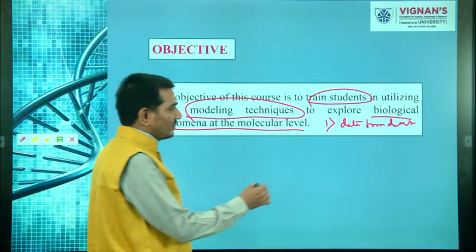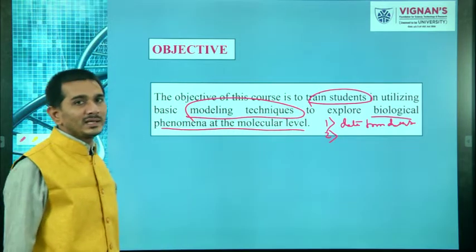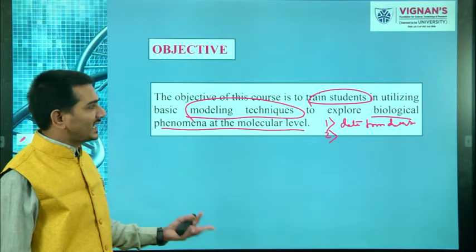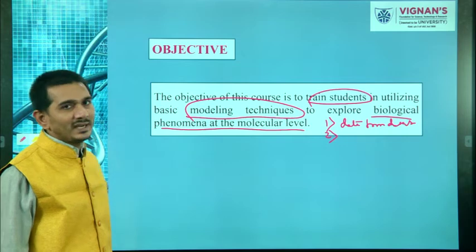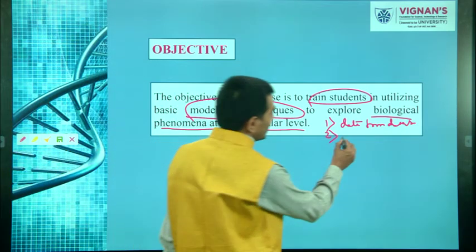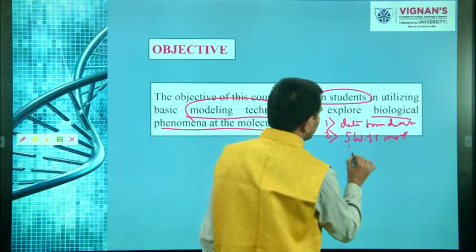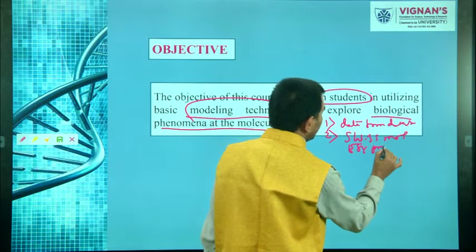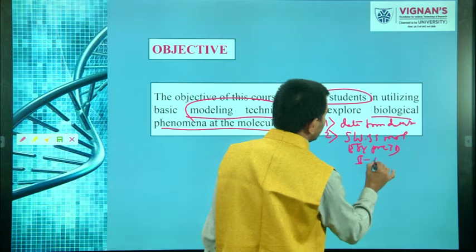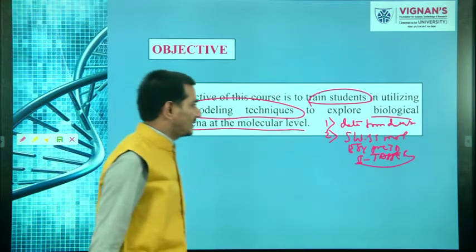Once data is retrieved, they are trained to apply it in molecular modeling tools or software, for example Swiss Modeler, EasyPrep 3D and iTag. So these are the molecular modeling tools.